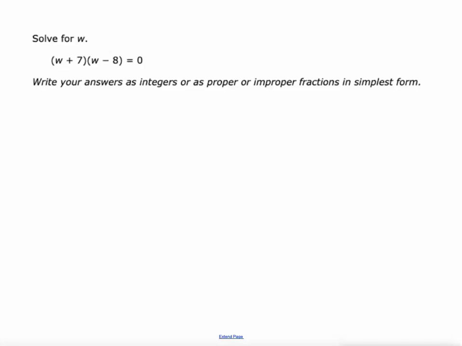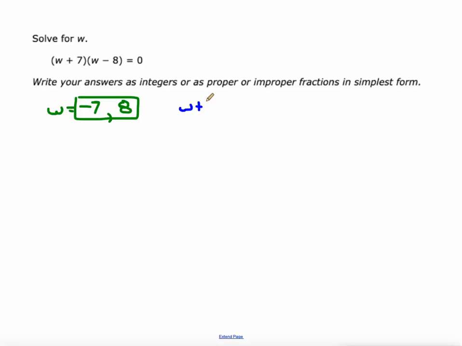Very simple. I can just tell you the answer to this right now, and then I'll show you why. w is either -7 or +8. If this times this, w plus 7 times w minus 8, equals 0, then one of those two things has got to be 0.